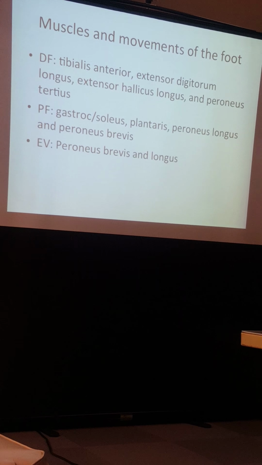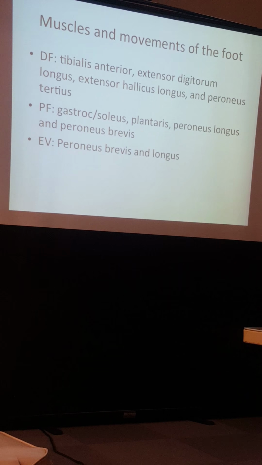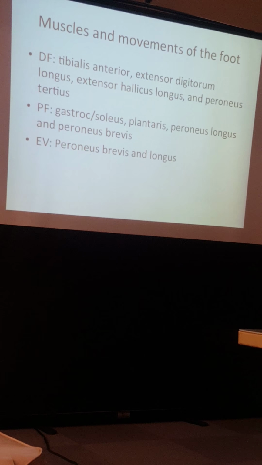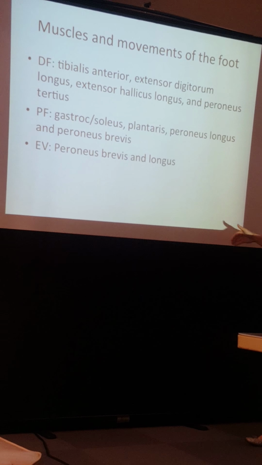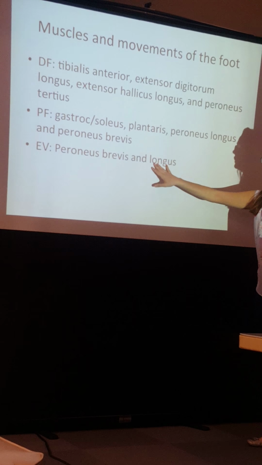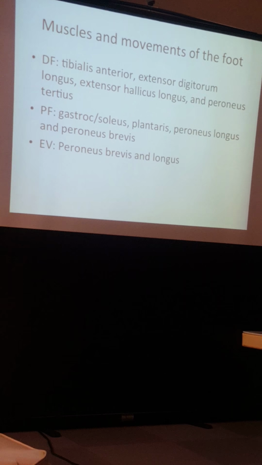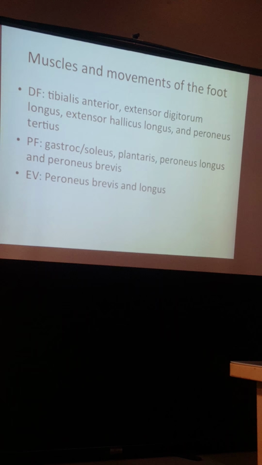But they all work together to do what? Good. Peroneus longus and peroneus brevis also plantar flex, but their main action is eversion. And what compartment are those two located in? Good. I'm glad you guys are picking up on it.